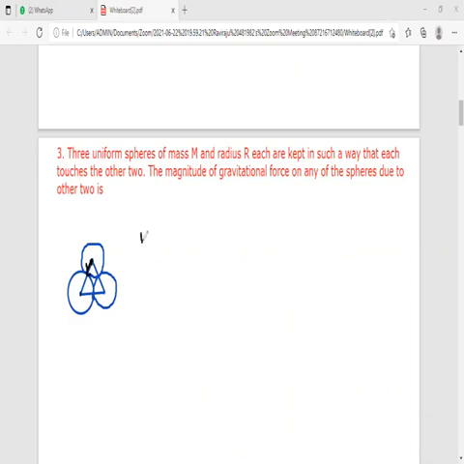Between those two, let me consider the force F1 is equal to, what is the formula for force between two spheres? That is nothing but G M1 M2 by R square only, no? Both the masses are capital M only, so G into M1 M2 by distance. Even though they are in contact, you should not consider the distance as 0. The distance between centers you have to consider, 2r whole square.